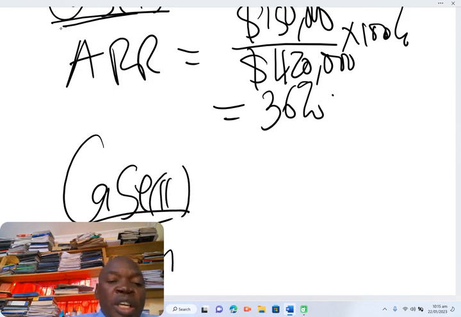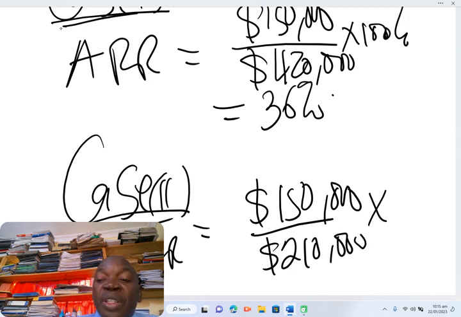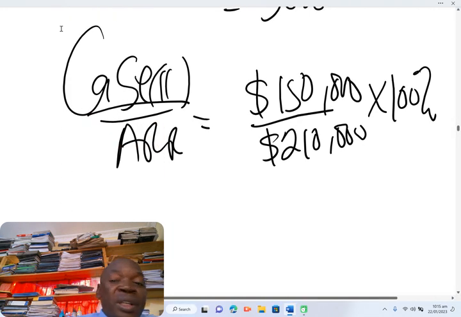In case 2, IRR is also equal to 150 divided by $210. If for average investment you have used the average of the ratio being 0 and the other, so 150 divided by 210, then it is almost 71%.